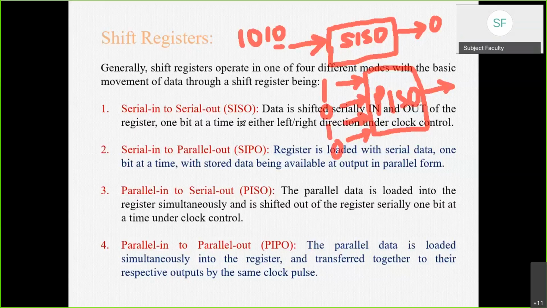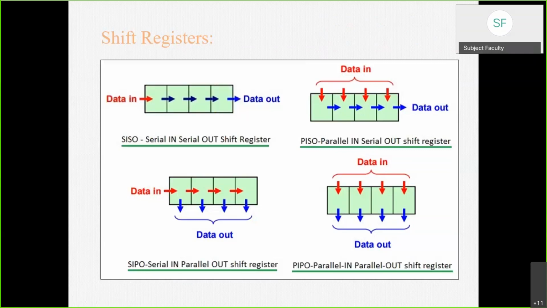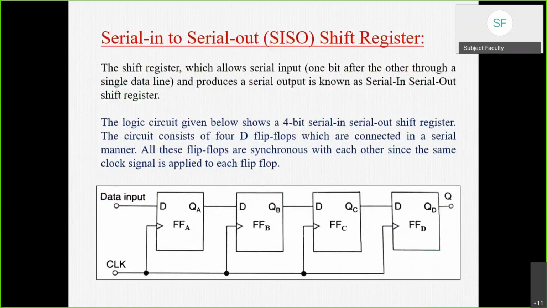Once you understand this, then depending on that, these are 4 different types of shift register: serial in, serial out; serial in, parallel out; parallel in, parallel out; and parallel in, serial out. In the last session itself, we started the discussion regarding the serial in, serial out shift register. So this was the block diagram, the logic diagram of the SISO shift register.